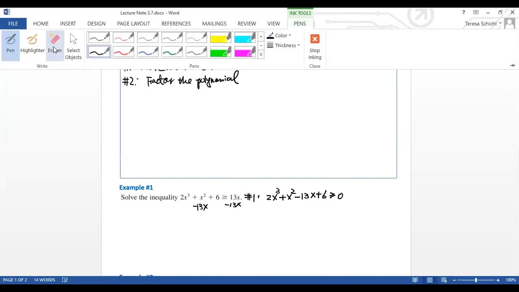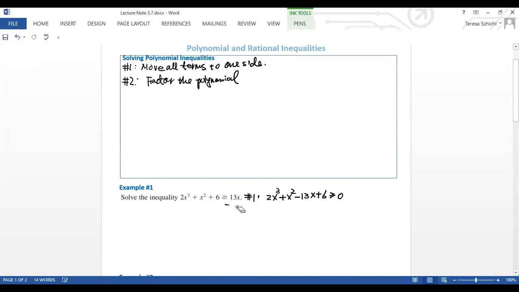So this is a polynomial, and the next part is we are going to factor.